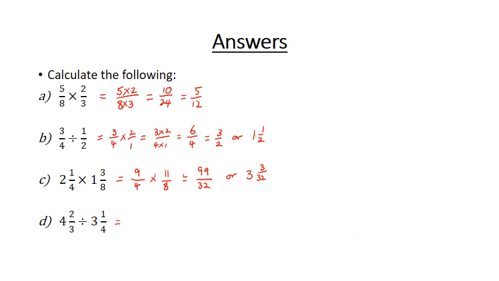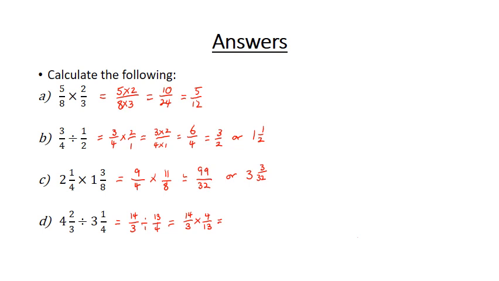Again, I'm going to change these to improper fractions, which gives me 14 over 3 divided by 13 over 4. Now if I want to rewrite these, I'm going to have 14 over 3 multiplied by 4 over 13.